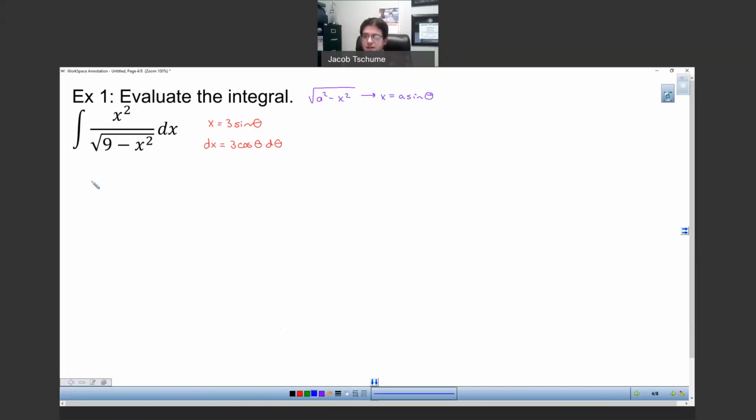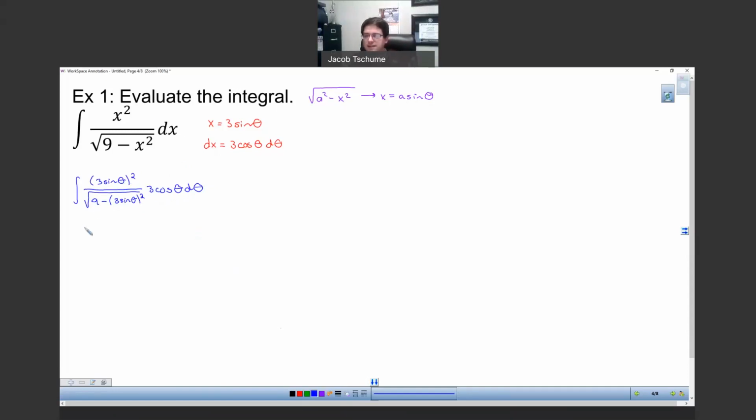Substituting that information in, here's the difference. Unlike a normal U sub where you only plug it into one particular spot, in trig sub, you have to let every x inside and outside the square root equal your trig substitution. So the x squared on top would be 3 sine of theta all squared, divided by the square root of 9 minus 3 sine theta squared, times your dx term, which is 3 cosine theta d theta.